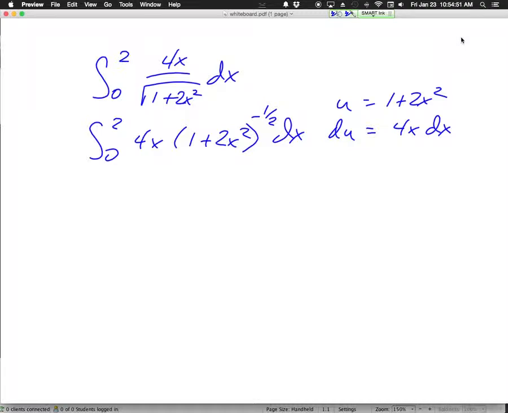But what's always going to be inside it? 1 plus 2x squared. My new exponent is 1/2. I need to divide by the 1/2, which is the same thing as doing what? Multiplying by 2. We're going from 0 to 2.